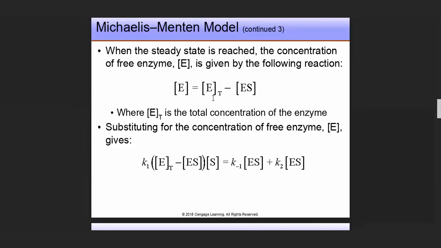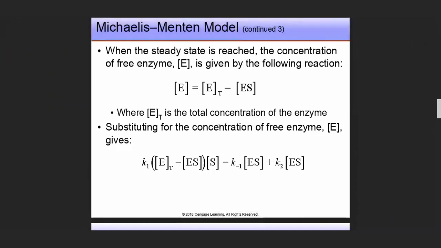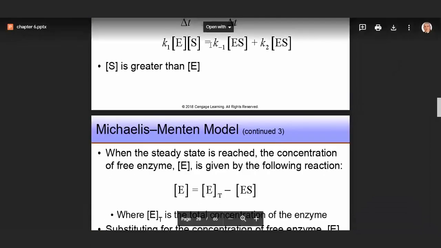So in other words, the total enzyme concentration equals the free enzyme plus the bound enzyme, where E total is the total enzyme concentration. And now we substitute for E this value in the equation that I showed you here.